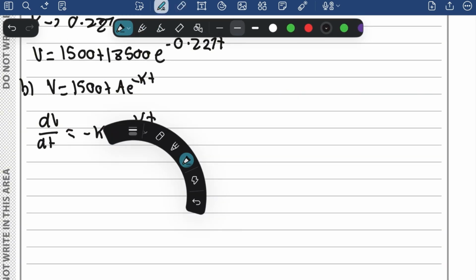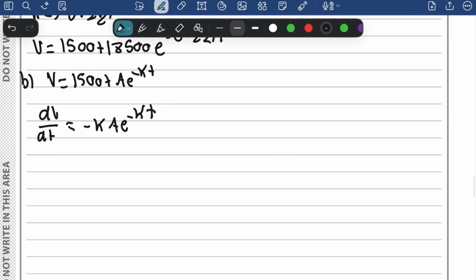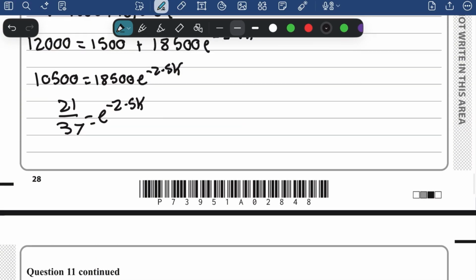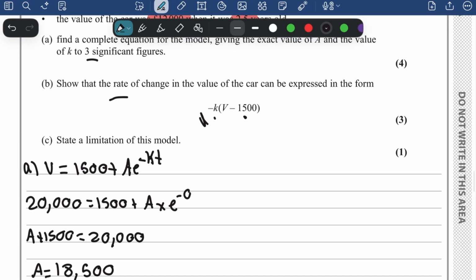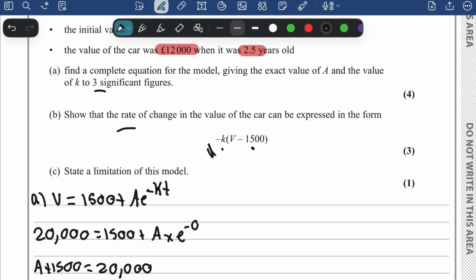So we want to get A e to the power of minus kt on its own. So we can say V minus 15,000 is going to equal A e to the minus kt. We can then substitute that into the dV dt equation, and we're going to get minus k times V minus 15,000, right? Pretty simple.